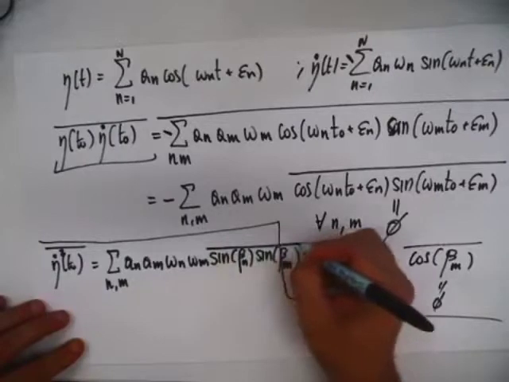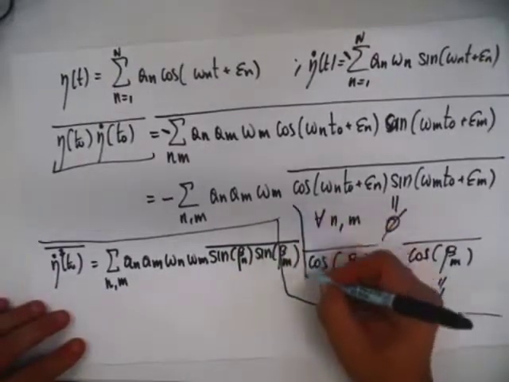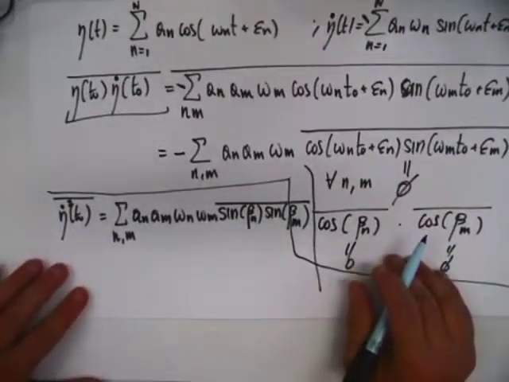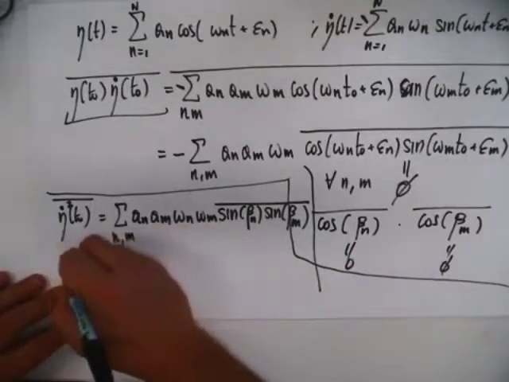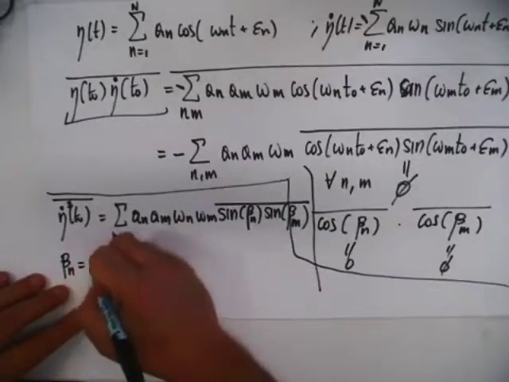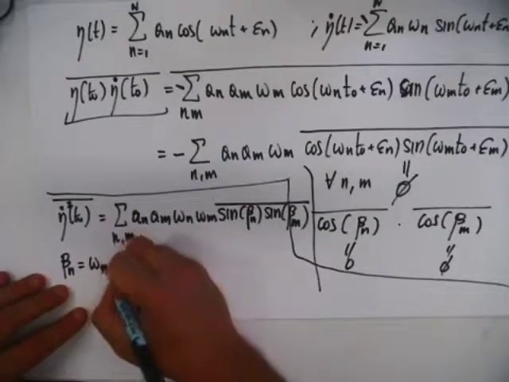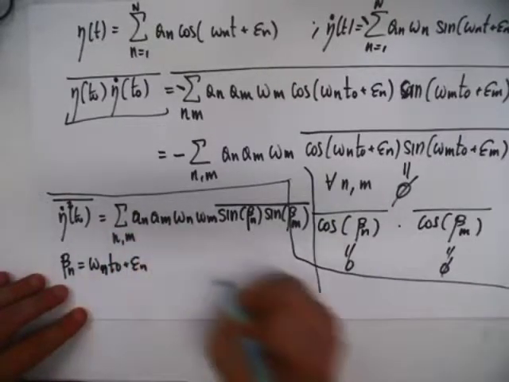Then I have to take the average, where I define beta_n equal to omega_n t naught plus epsilon_n.